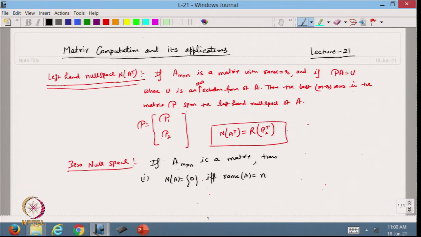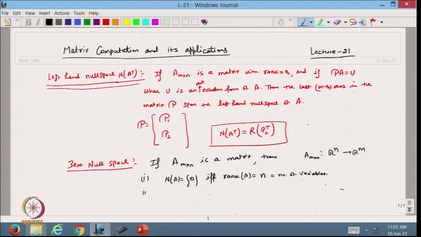Because the matrix A, m cross n, is from Rn to Rm. So, if the rank of matrix A is equal to n, the number of variables, then the null space will contain only the 0 element. And why does it contain the 0 element? Because 0 is always the solution of the homogeneous system Ax equal to 0.